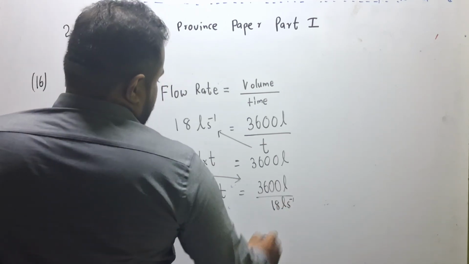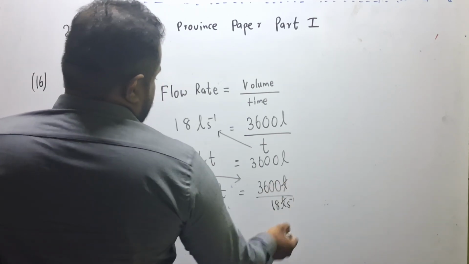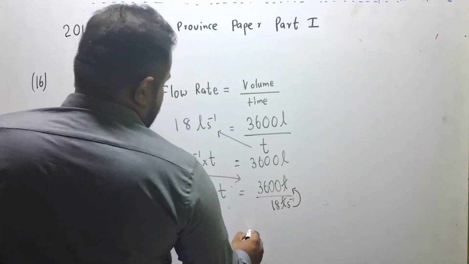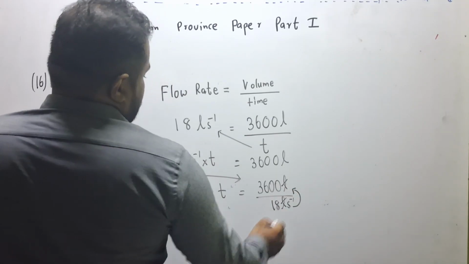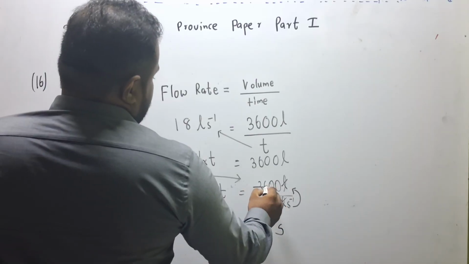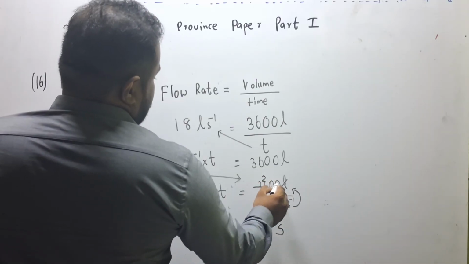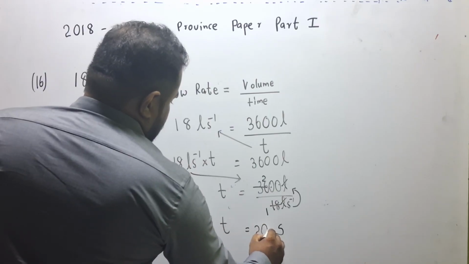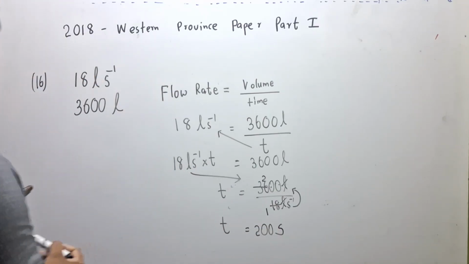Now do the cancellation part. Liters and liters are cancelled. S minus 1 goes to the numerator and becomes S. 18 has 1 18, 36 has 2. 2 and these two zeros, 200. Time is 200 seconds. Okay.